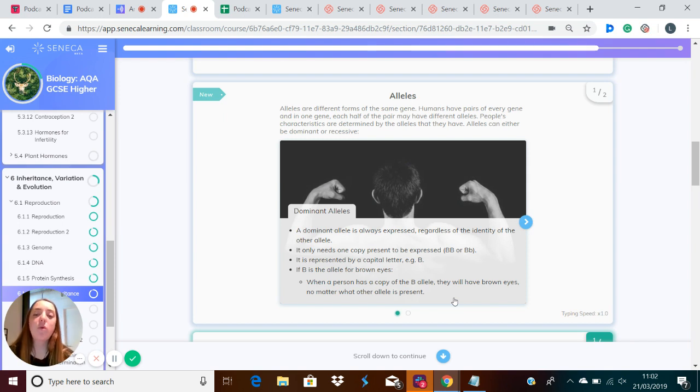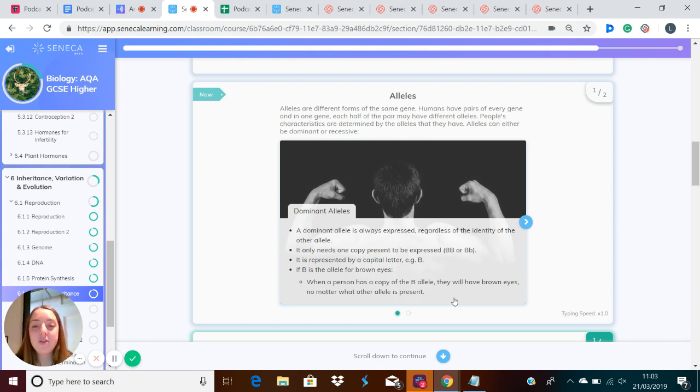For example, if you've got a gene which is called B, we also call these alleles B. A person who has two alleles of capital B would express that dominant allele. But also if they had a combination of dominant B and little b, the dominant allele would also be expressed.